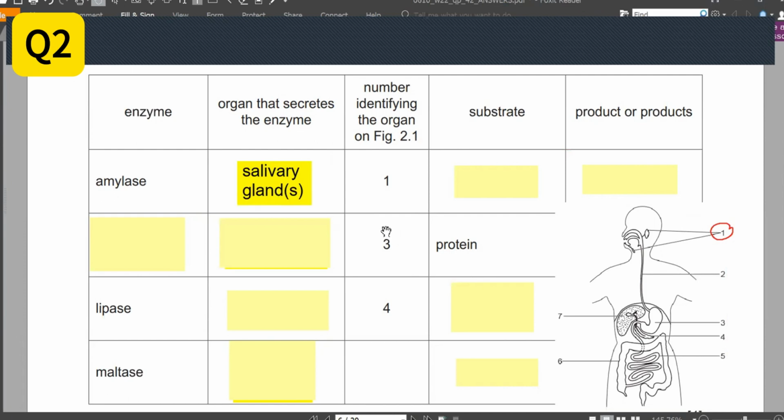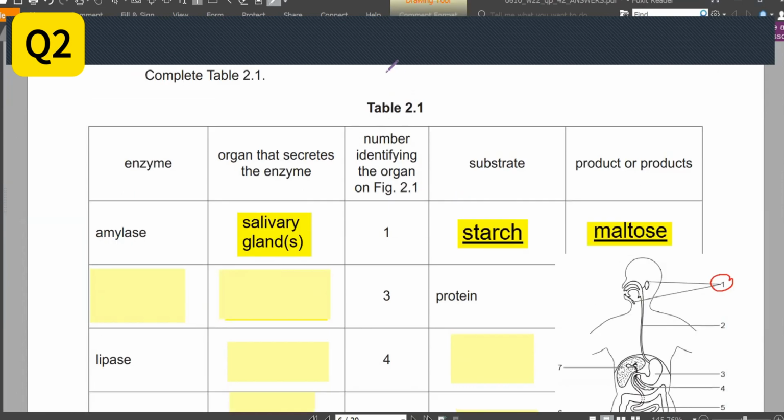The substrate of amylase in the mouth will be mainly starch. It will break down starch to produce maltose. Essentially, the long chain of the starch will be broken down into units of 2, units of 2 of the glucose.